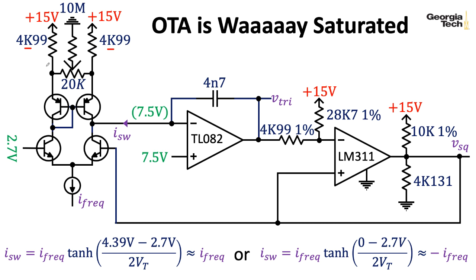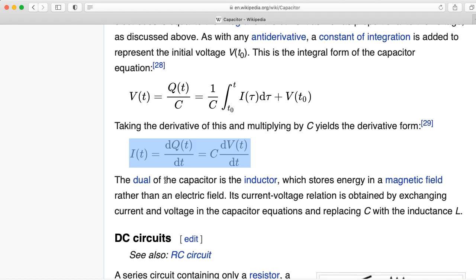It's 4.99K. Before moving on, I want to talk about something that feels a little awkward with the 7.5 volt bias here that's set by the feedback operation of the op-amp. It might lead you to think that the triangle wave itself needs to be centered around 7.5 volts, but not really. If you think about the equation that governs the dynamics of the capacitor, that's usually written as a differential equation.